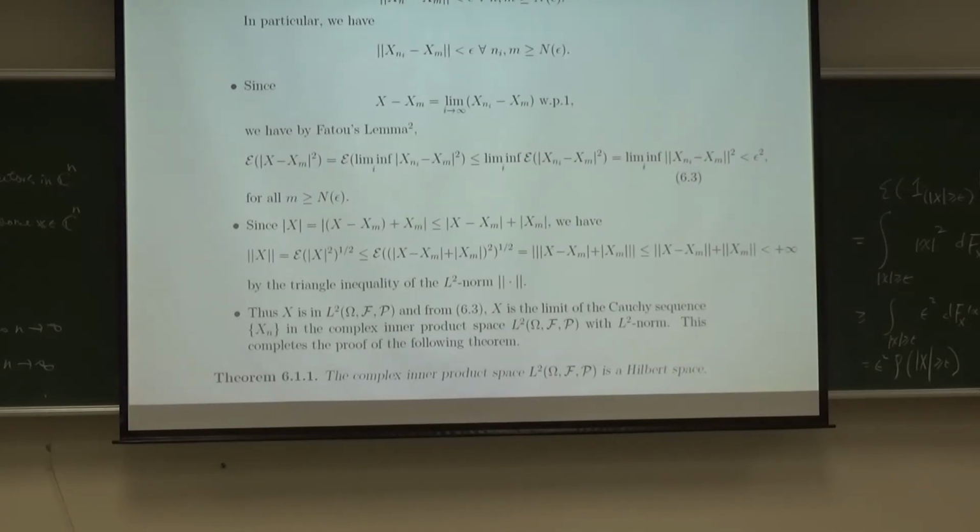And so we prove that for any Cauchy sequence, we can find a random variable x in L2 such that the Cauchy sequence converges to x. And so the complex inner product space L2 is a Hilbert space. This is the proof that this complex inner product space is a Hilbert space.